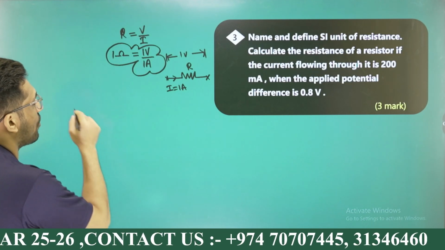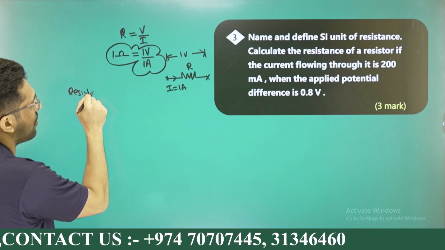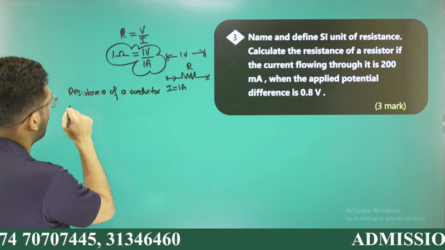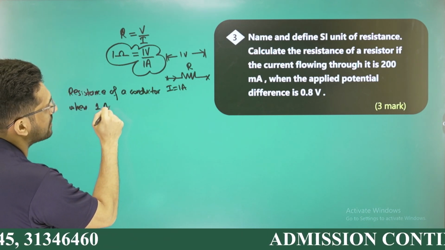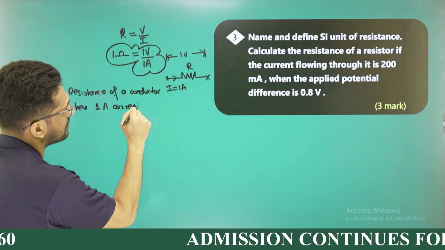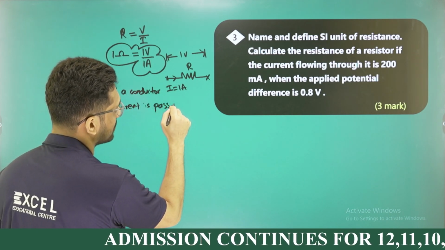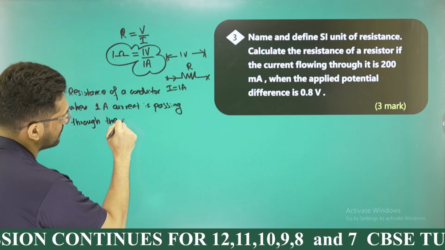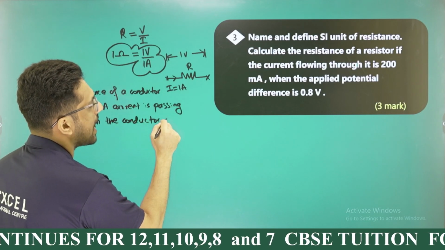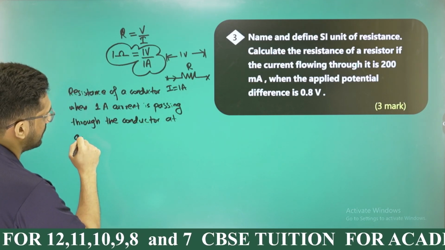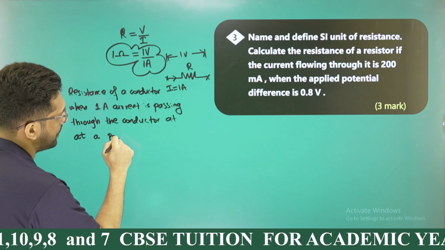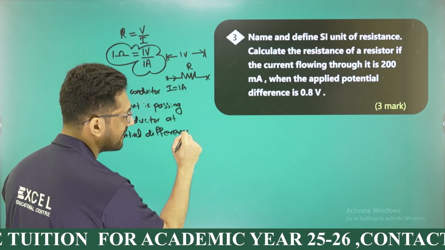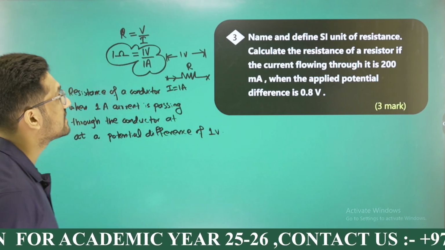So what is 1 ohm? 1 ohm is the resistance of a conductor when 1 ampere current is passing through the conductor at a potential difference of 1 volt. How is this? Did you understand this?